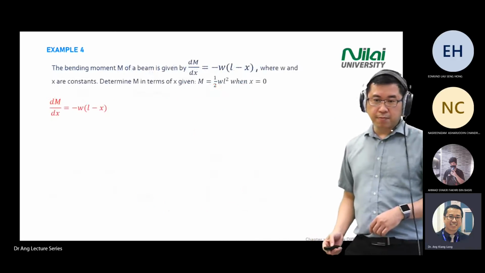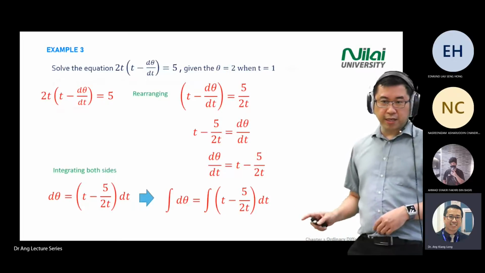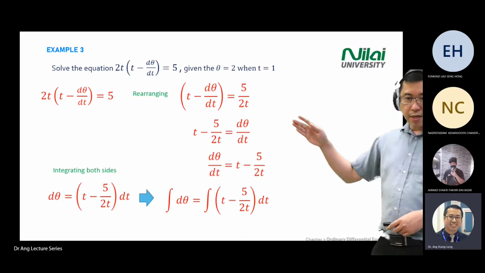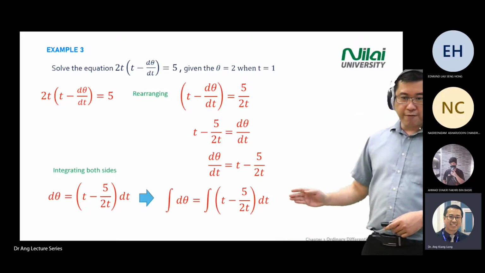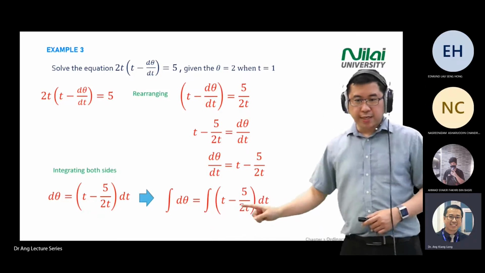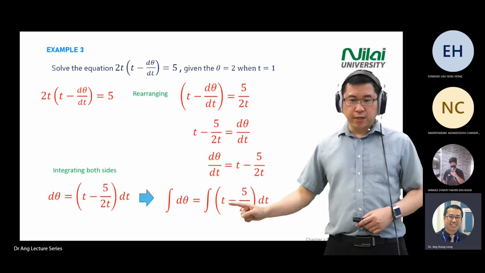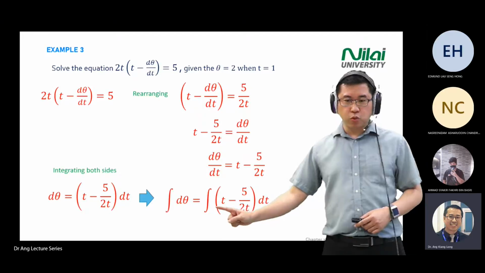Okay, example 3, I think I deleted one of the slides there. Although I'm not showing the final answer, the next step is that after you get theta, this one you'll get t squared divided by 2.